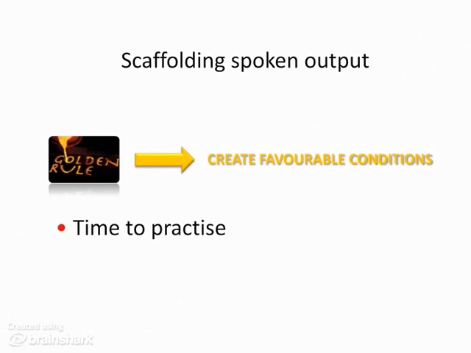Then, in pairs with a partner, they can tell their partner their ideas, their opinions, what they've thought, and in this way they're practicing in a situation which is quite low stress because they're only having to do it with one partner.